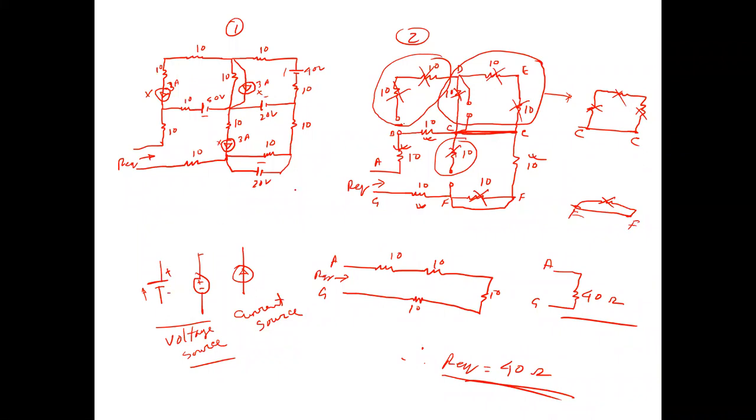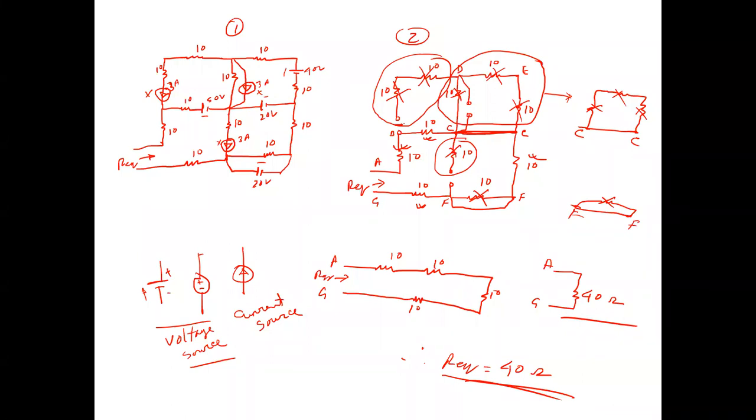Source classification has two types: independent source, all these are independent sources, and another source, the dependent source. Suppose a voltage controlled voltage source: this is a voltage source depending on another voltage.